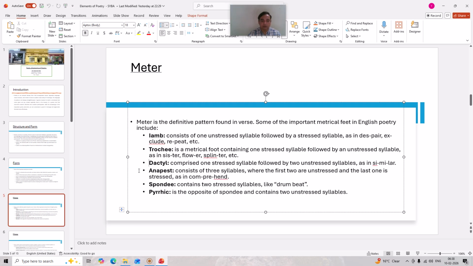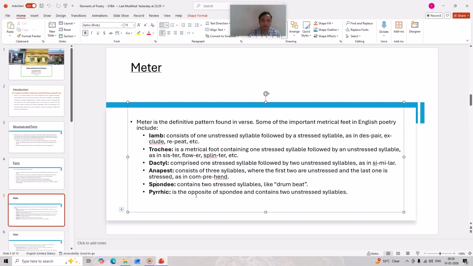Next type of meter is anapest. Anapest consists of three syllables where the first two are unstressed and the last one is stressed, as in the word comprehend. In this word, the first two syllables are unstressed and the last one is stressed. Com-pre are unstressed syllables and hend is stressed syllable.